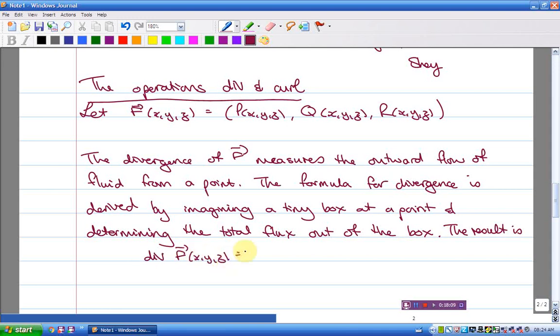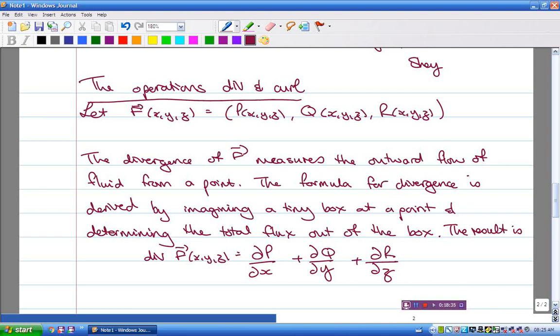So div is short for divergence. If I ask you what's div F, or what's the divergence of F, it's the same thing. And it's a very easy formula to work out. It is simply the sum of the derivatives of the components of F with respect to the 3 variables. I'm assuming here F is a function of 3 variables.